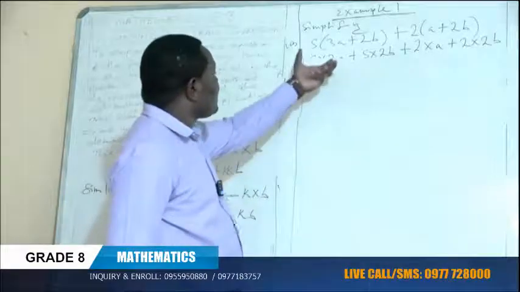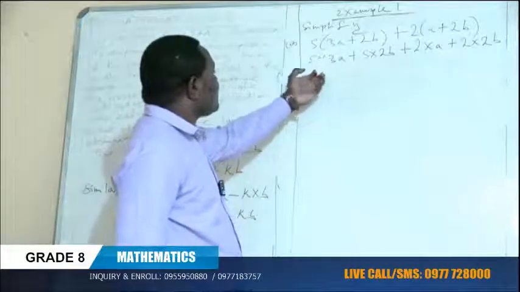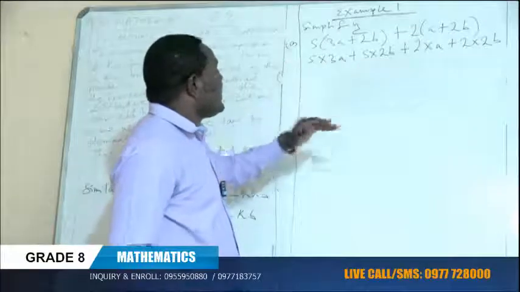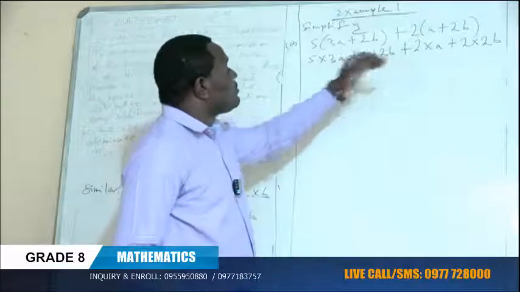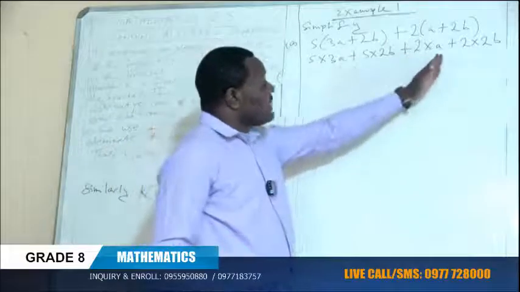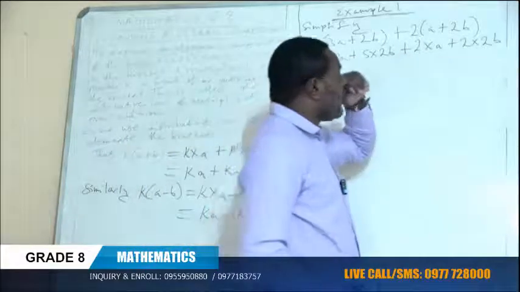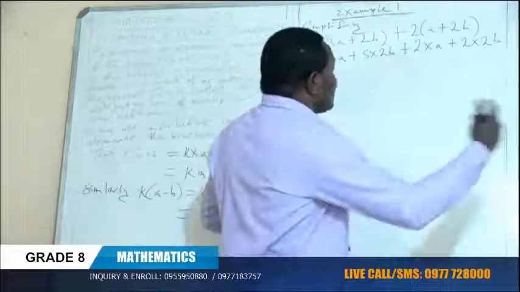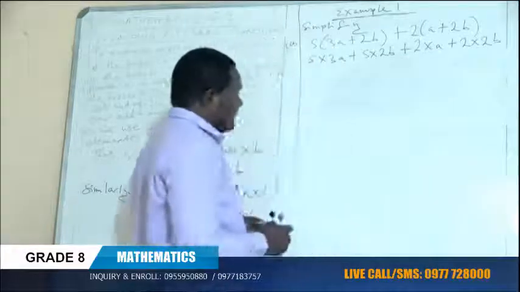We proceed, we do have an expression here. We are going to distribute: 5 multiplied by 3a plus 5 multiplied by 2b plus 2 multiplied by a plus 2 multiplied by 2b. You can see that this 2 is being distributed to each and every term inside the brackets.